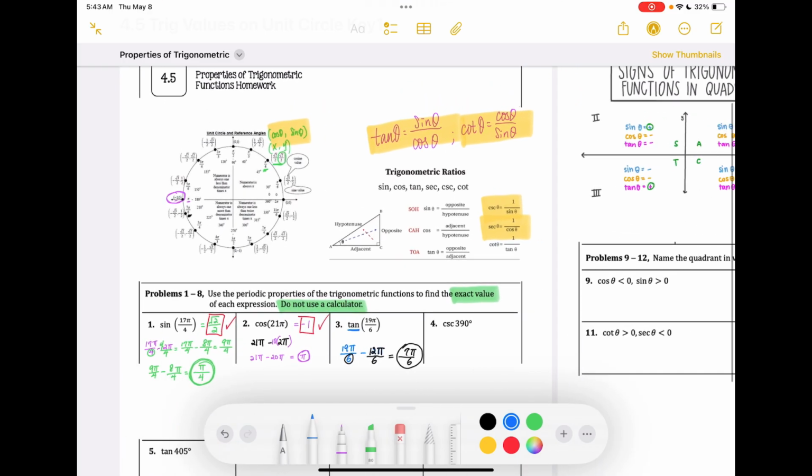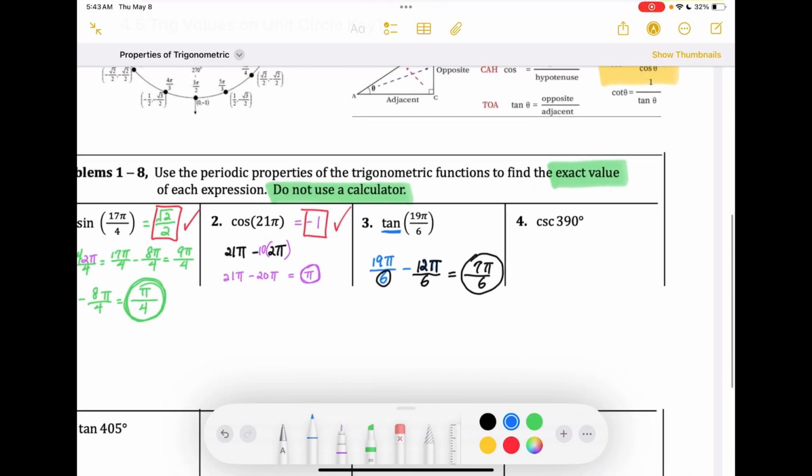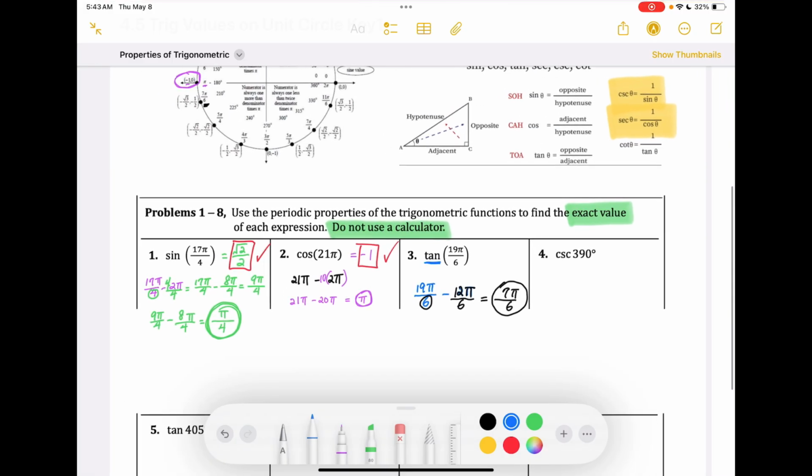We want to get the tangent. What do we know about the tangent? Tangent is equal to sine over cosine. So tangent of 7 pi over 6 is equal to sine of 7 pi over 6 over cosine of 7 pi over 6.